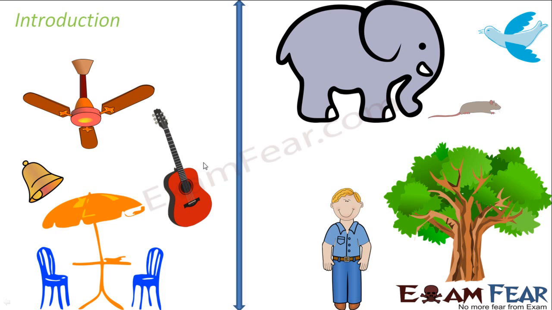Now let us suppose the man sleeps. How do you distinguish whether the man is a living being or not? Even when a person sleeps, there are certain activities going on within his body. For example, a person breathes even though he is sleeping.